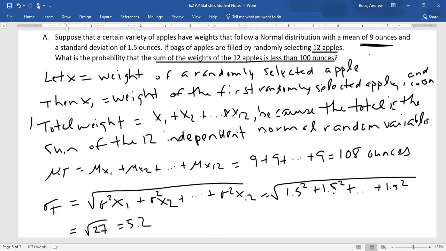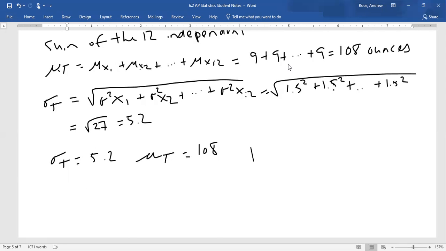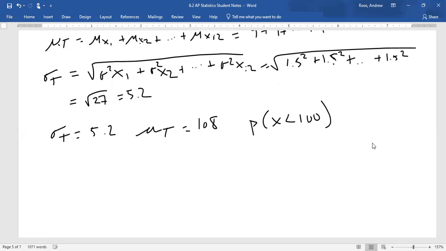We want to find the probability that X is less than 100 ounces. Okay, so now once we have calculated the new standard deviation and the new mean, we're looking for X less than 100 ounces. So now we have the numbers that we need.